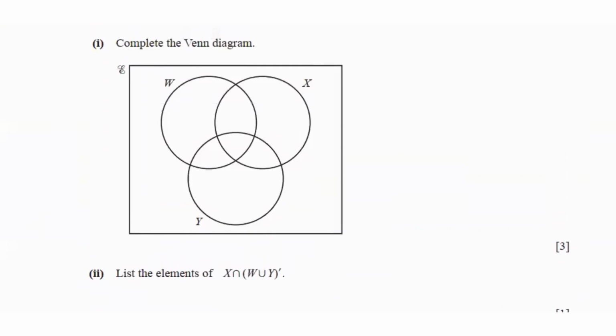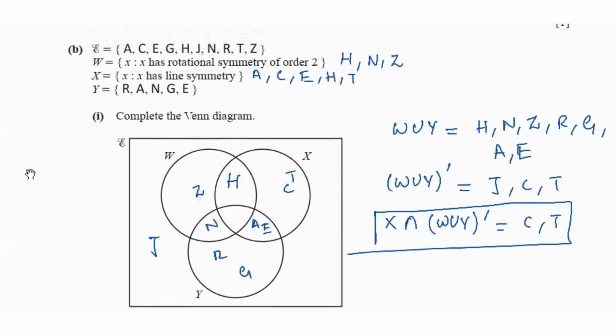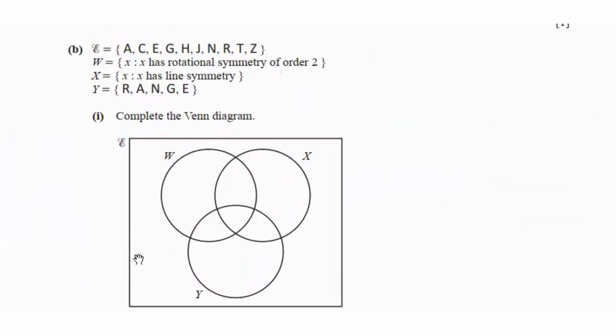So if you go back to our Venn diagram, the only place where there's a null set is in the middle. There's nothing common between all three of them at the same time, which means our null set is going to be W intersection X, and intersection Y. This is our null set.